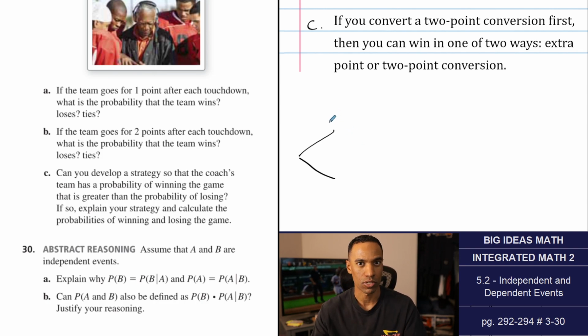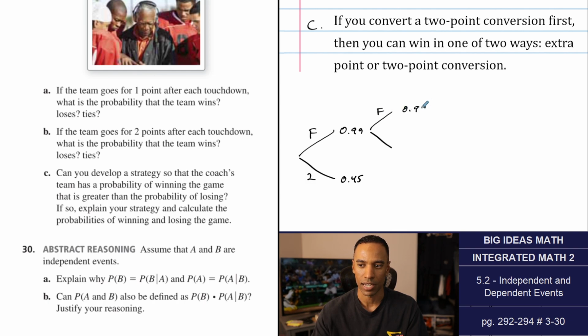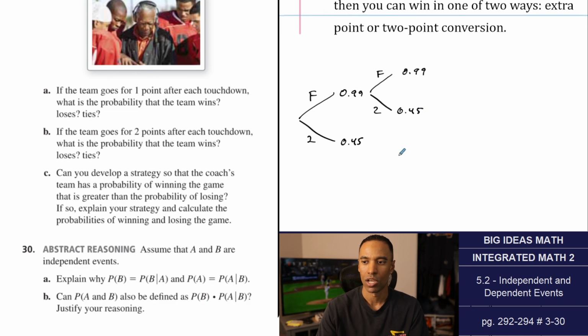All of these have different percentages. So if you kick, okay, I'll call this field goal versus 2. Field goal versus 2. A field goal, 99% chance of happening. 2-point conversion, 45% chance of happening. From there, you can either kick another field goal, which is another 99%, or do the 2-point conversion, which is another 0.45, or here, you can either do the field goal or 2-point conversion, another 0.99 or another 0.45.